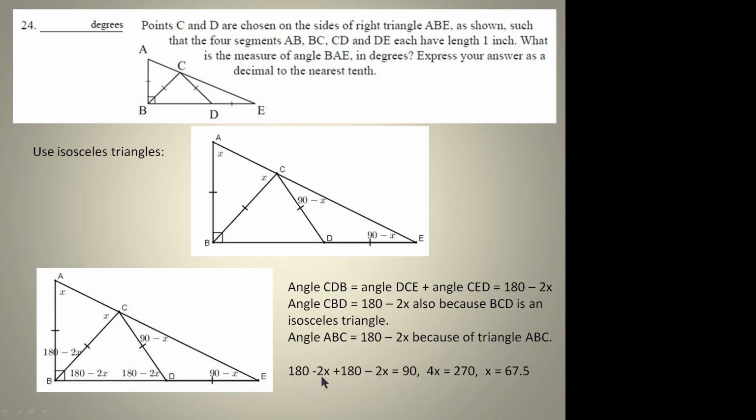You add 180 minus 2x and 180 minus 2x together, and it should be 90. You solve this: move the negative 2x to the right side, you get 4x. Move this to the left side, 180 minus 90 is 90, 90 plus this, 270. 4x equals 270. Divide both sides by 4, you get x equals 67.5. And that's the answer.